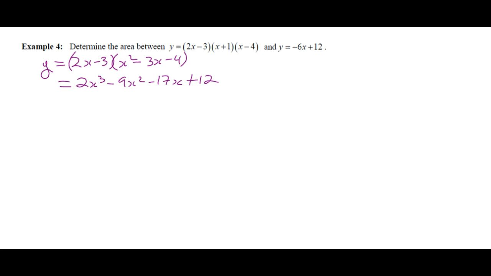Must check that. No, I messed something up there. I messed up the x. What did I do? My x term is bad. It's plus 9x. Minus 8x plus 9x would be plus 1x.